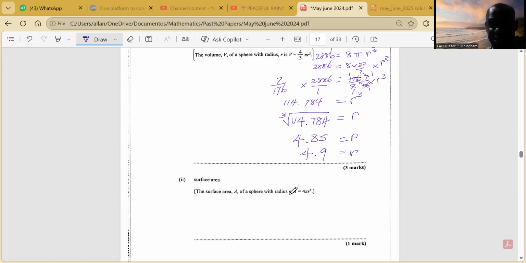The surface area is equal to 4 pi r squared. Go ahead, you know what r is. Find the surface area of this sphere, using your 4 pi r squared.